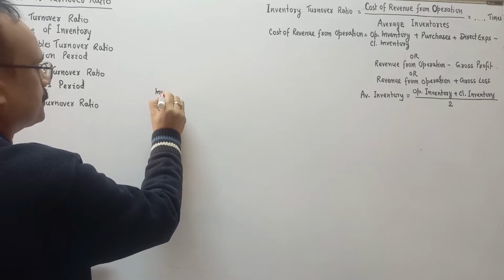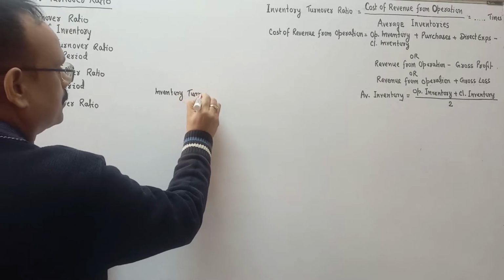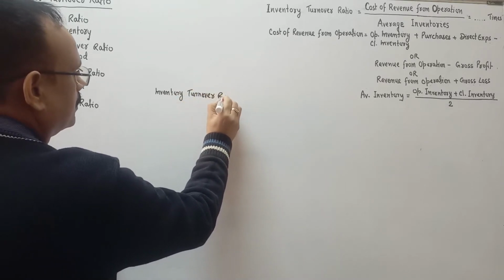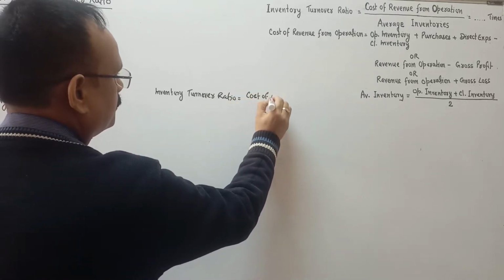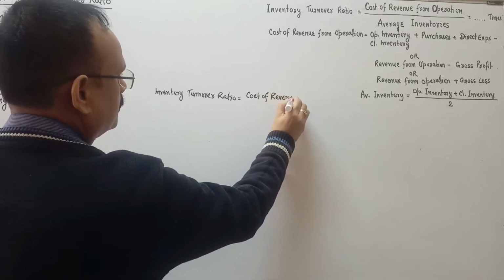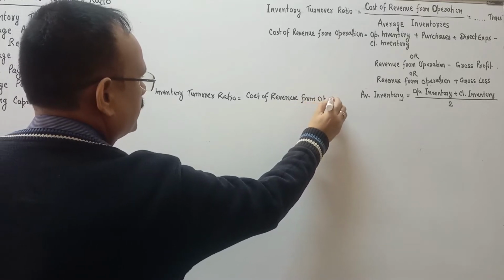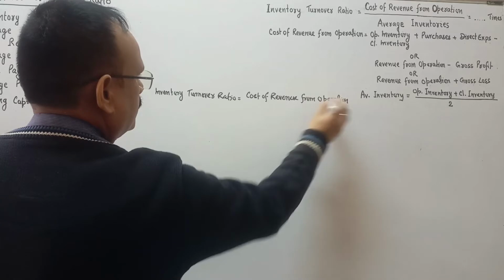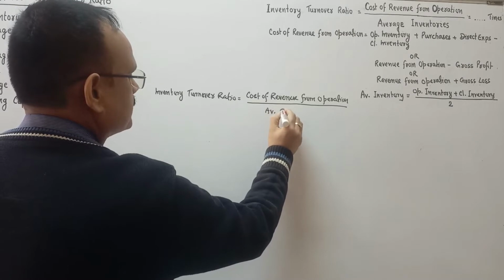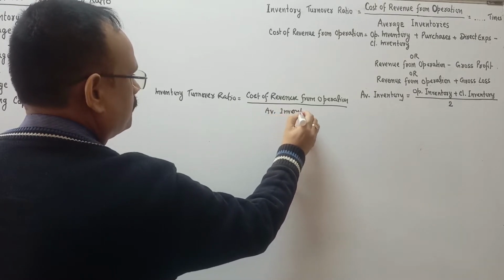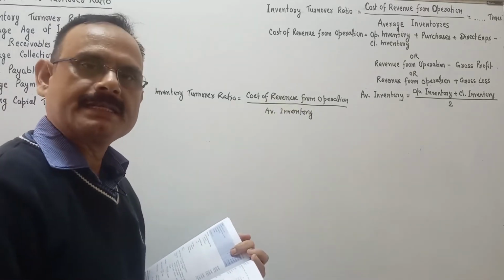Inventory turnover ratio is equal to cost of revenue from operation divided by average inventory. First of all, we will write the formula: cost of revenue from operation upon average inventory.